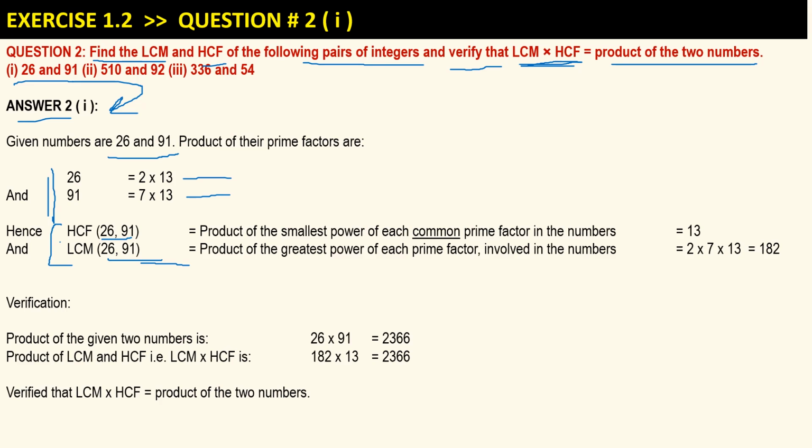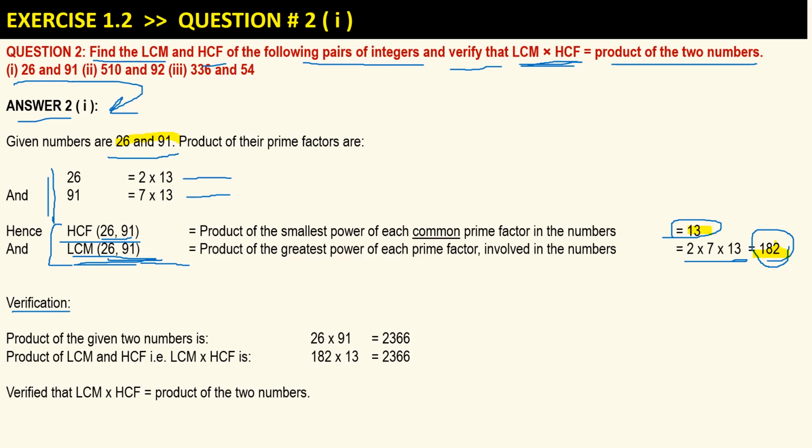And if we go by that method, we see that the HCF of 26 and 91 is equal to 13, and the LCM of 26 and 91 is equal to 2 multiplied by 7 multiplied by 13, which is equal to 182. So by this we have found the HCF and the LCM of the given two numbers, 26 and 91.